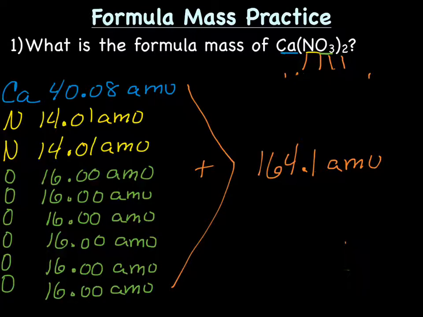While the mass of a single calcium is 40.08 AMU, we know the mass of nitrogen and the mass of oxygen, all of that's on the periodic table. We put them all together, and the mass of this whole thing, calcium nitrate, is 164.1 AMU. That's really all there is to formula mass. Not too hard.